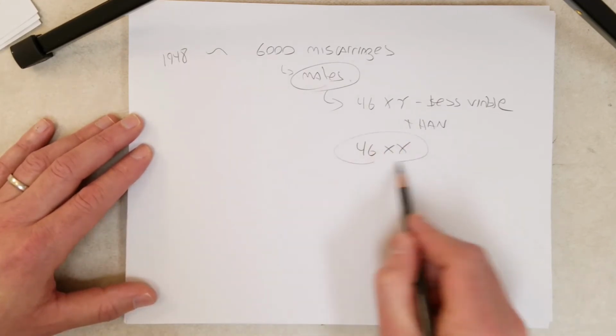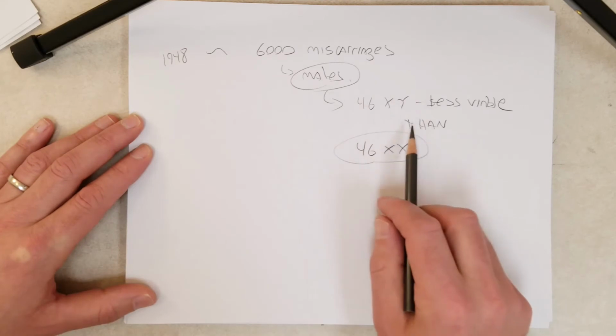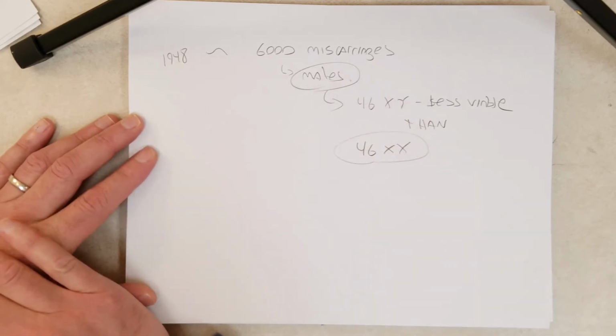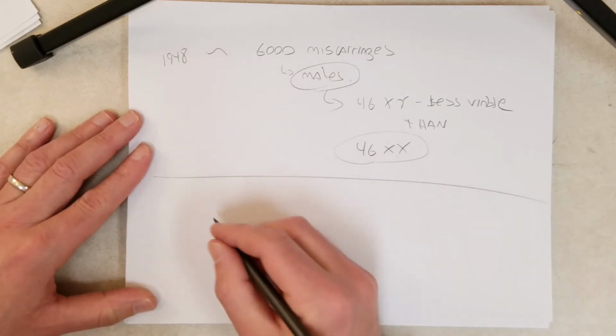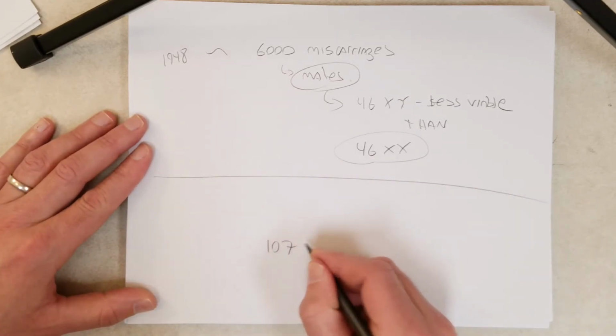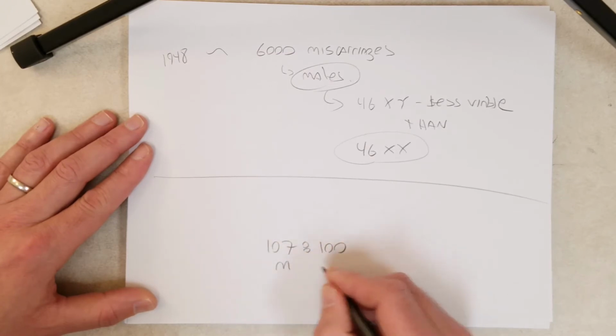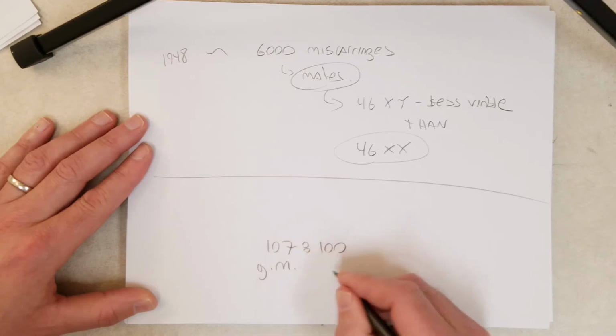So 46XX has a higher chance, after conception, of being born and not undergoing a spontaneous miscarriage, a spontaneous abortion. So what does that say about our secondary sex ratio of 107 genetic males to 100 genetic females?